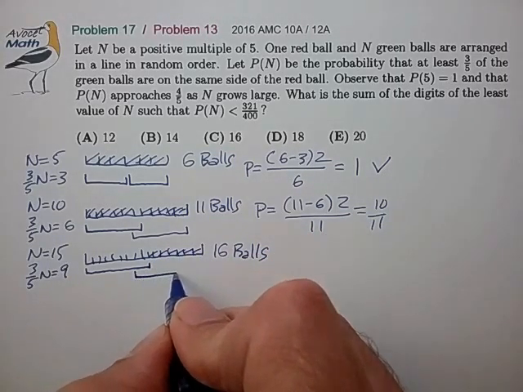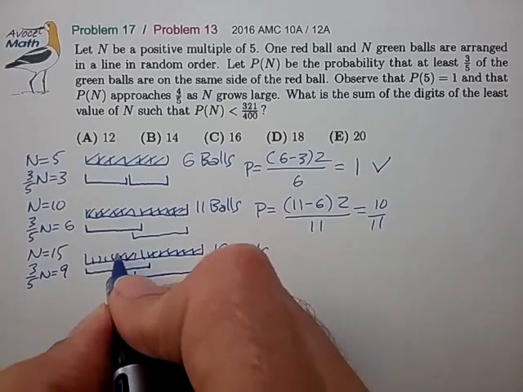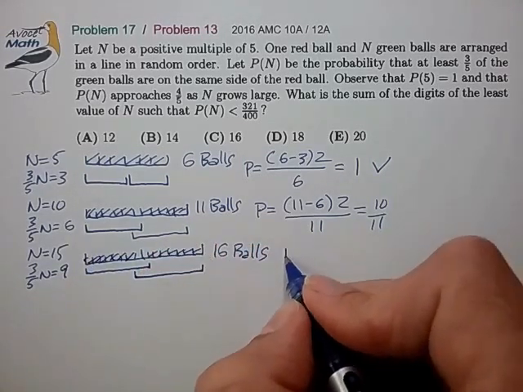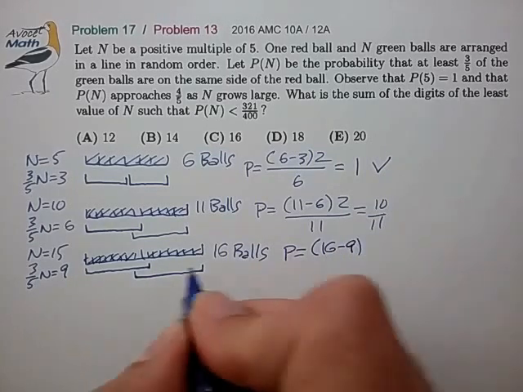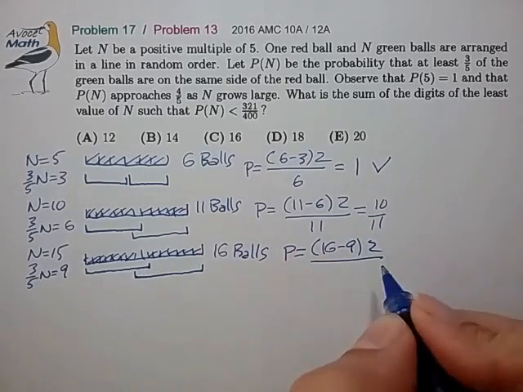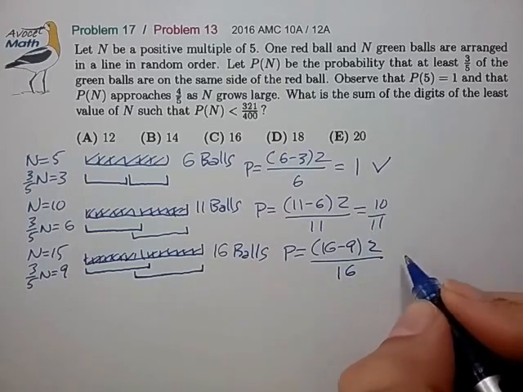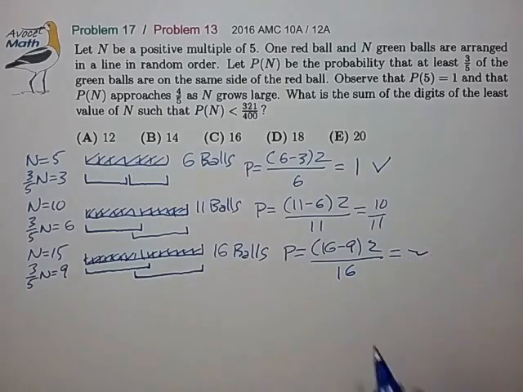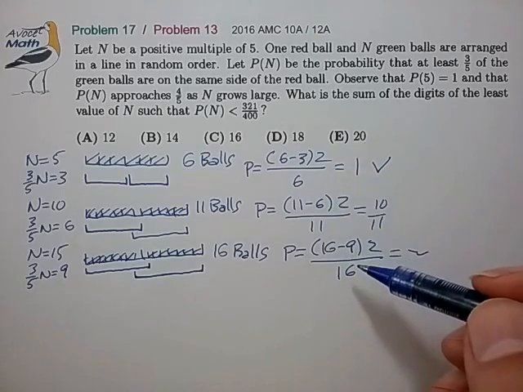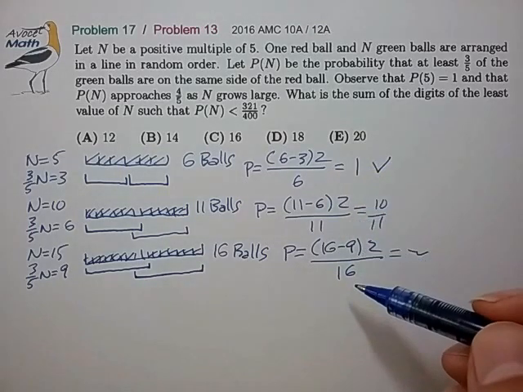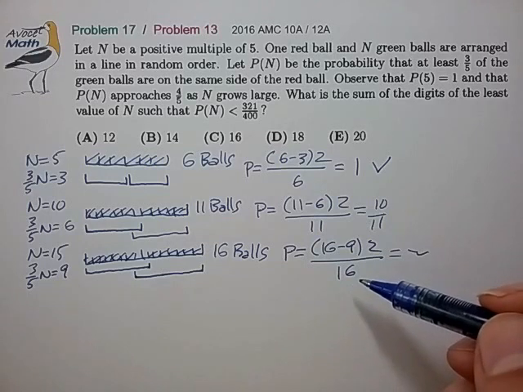The 9 green balls to the right specifies this location for the red ball. And the probability now is 16 minus 9 times 2 over 16, and I don't know what that is, it doesn't matter. So I see a pattern here that's really going to help us now. I see how to generalize this pattern to n balls, and that's the key.